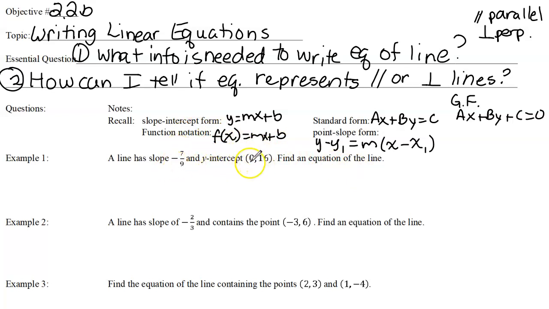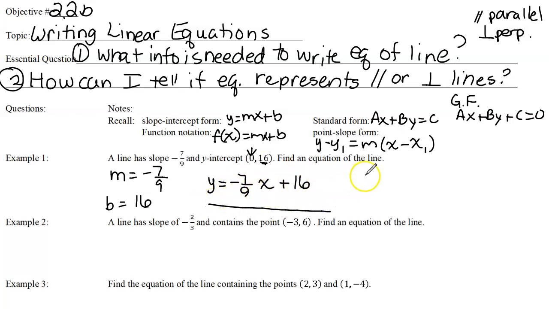And since my point is the y-intercept, and I know that because my x equals 0, I can go straight into slope-intercept form because my slope is negative 7/9 and my y-intercept, or my b, is 16. That's this value right here. So I can go straight into slope-intercept. Y equals negative 7/9 x plus 16. And there's your equation.